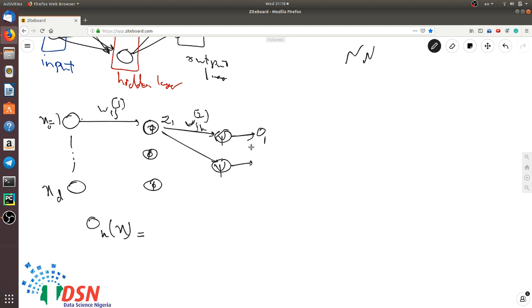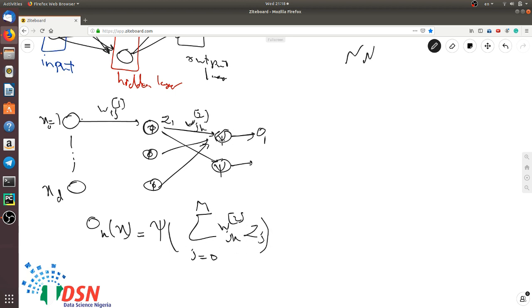This output is equal to, first, we apply this activation function in here, and it has some inputs. The inputs are the sum over j from 0 to m of W_jk of layer 2 times Z_j, right?